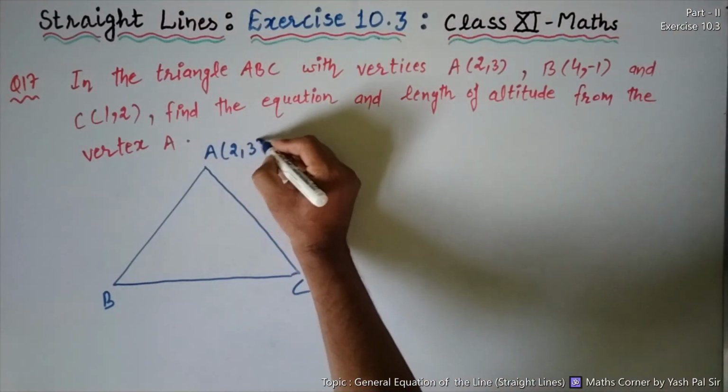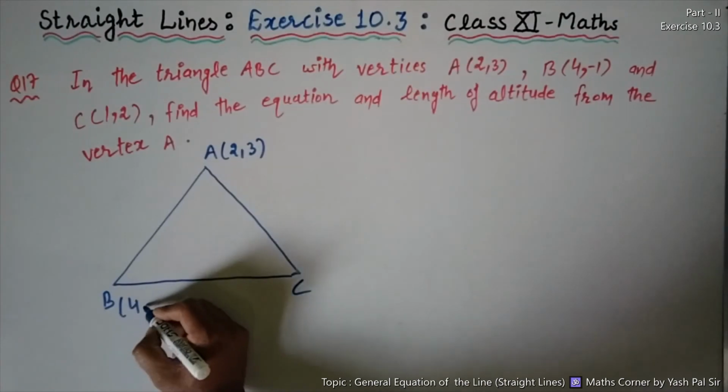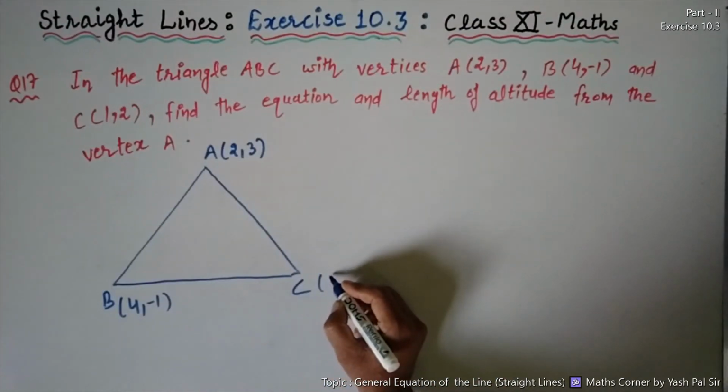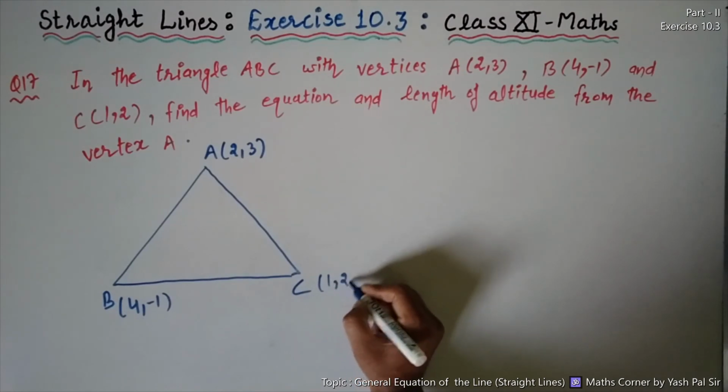A is (2, 3), B is (4, -1) and C is (1, 2).